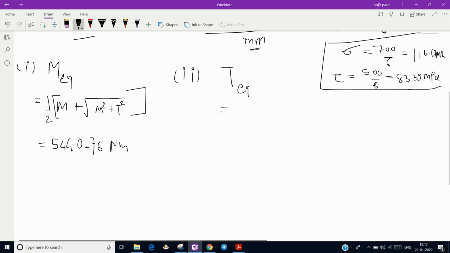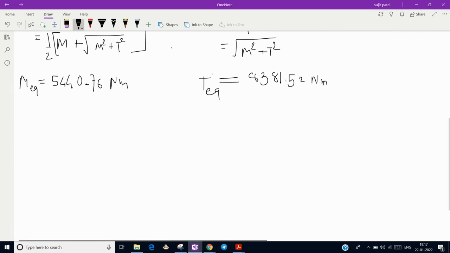And the equivalent torque is given by under root M square plus T square. If you put in these values, you will find 8381 Newton meter. So this is the equivalent torque and this is the equivalent bending moment.